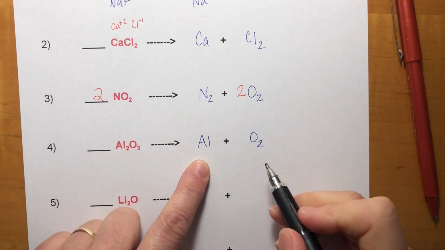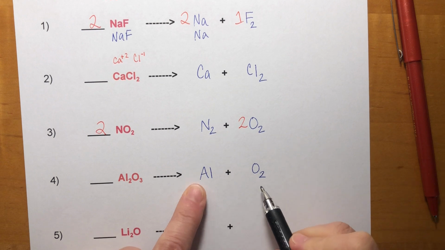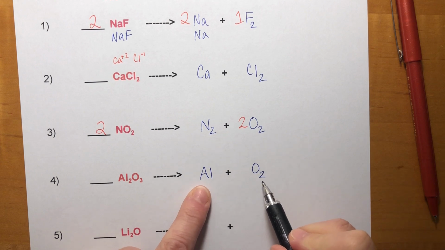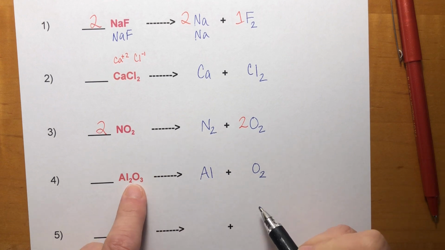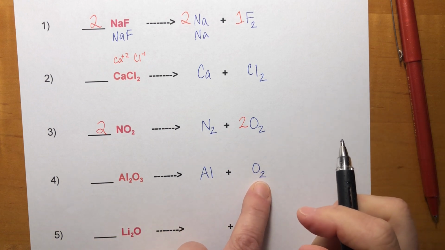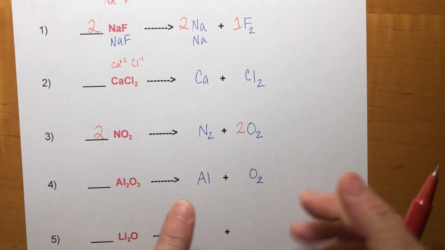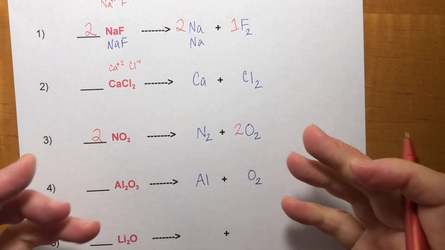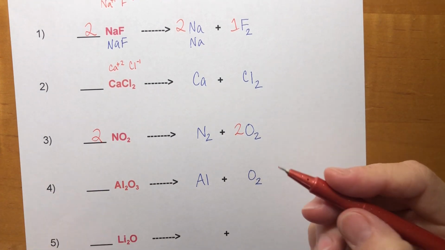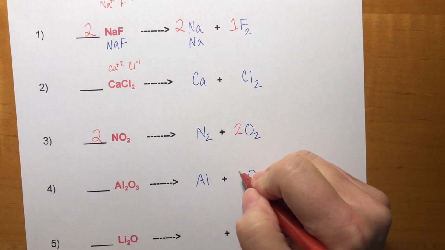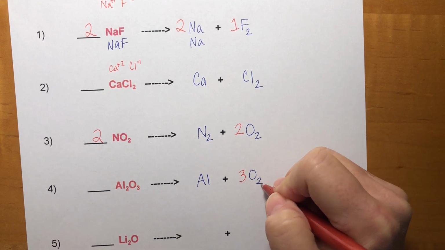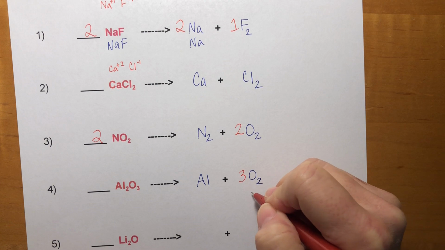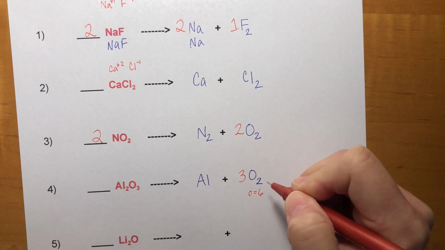It can be written alone. Okay, so now are we balanced? No, not even close. We have 3 oxygens on this side and 2 on this side. Who remembers that the only way that 2 and 3 are ever going to meet is if we multiply them both up to 6. If I put a 3 here, 3 times 2 is 6. Now I have 6 oxygens.